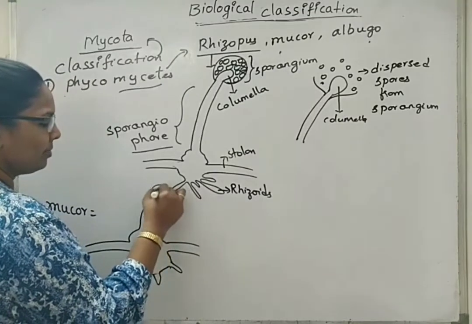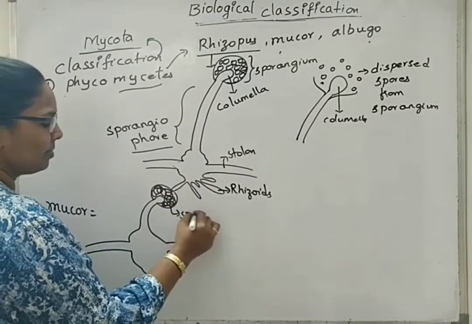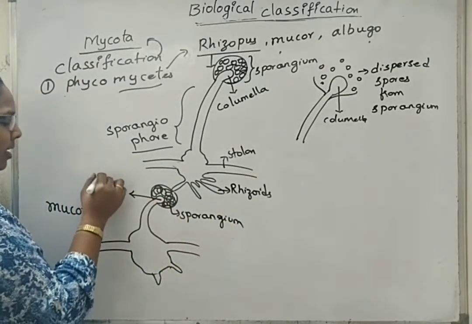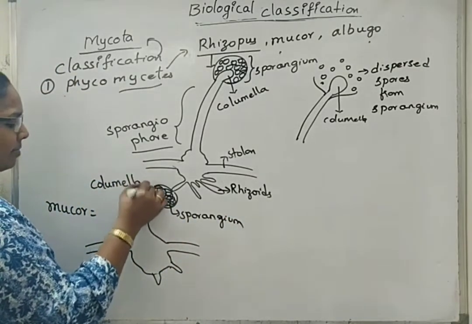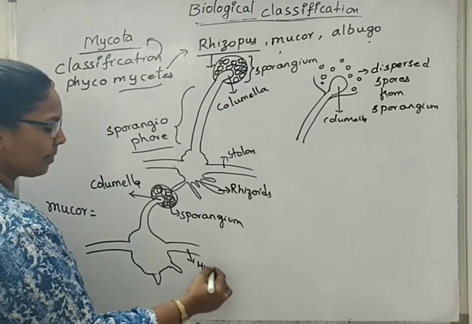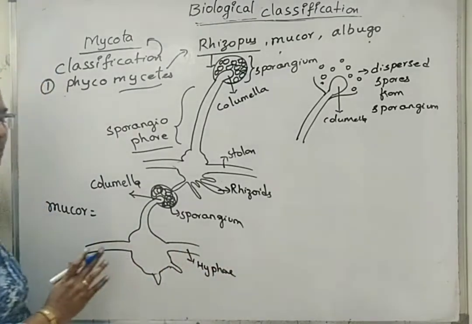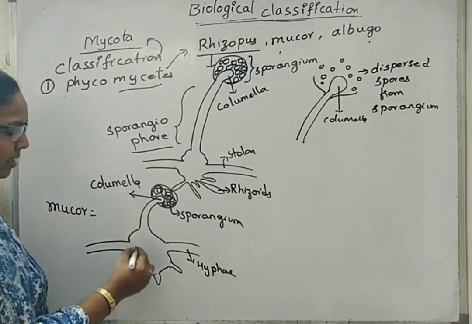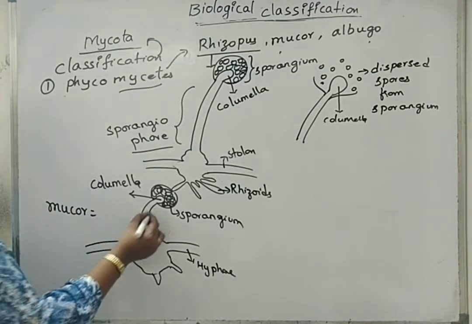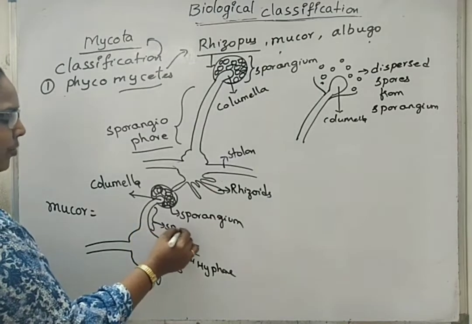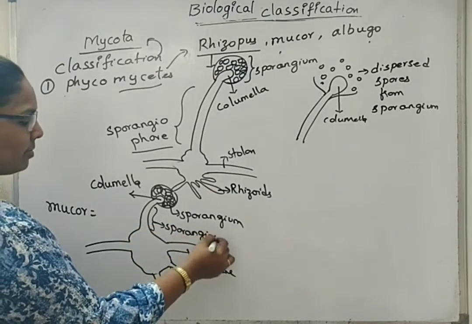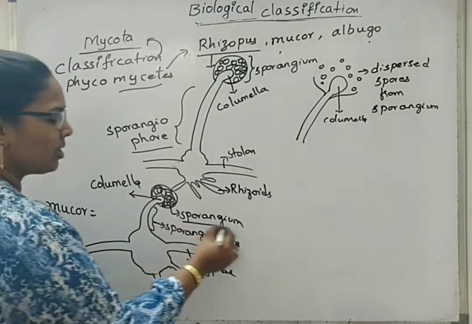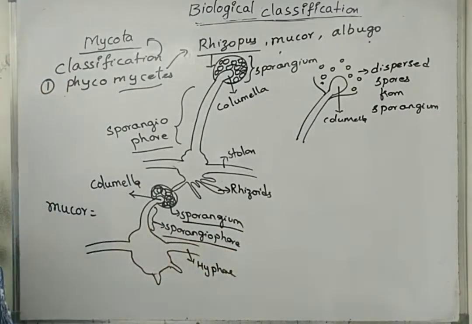This is the sporangium, and this is the columella. This is hyphae, but not stolon; the term stolon is not used in Mucor. This is the base part, and this much structure we call sporangiophore. This is the difference between sporangium and sporangiophore.